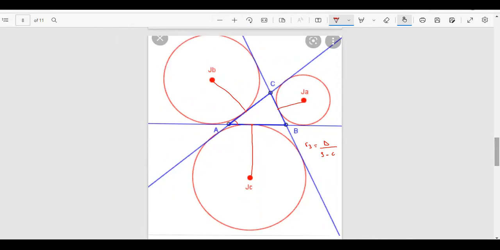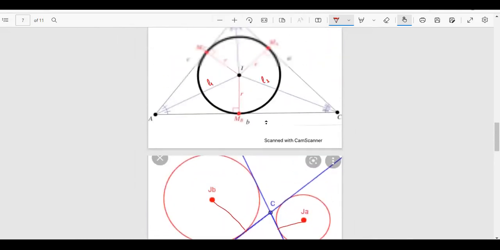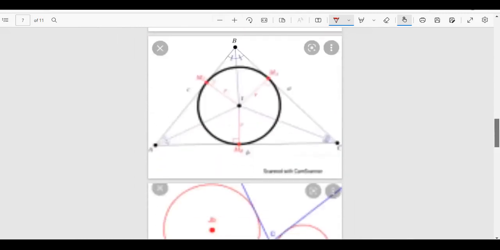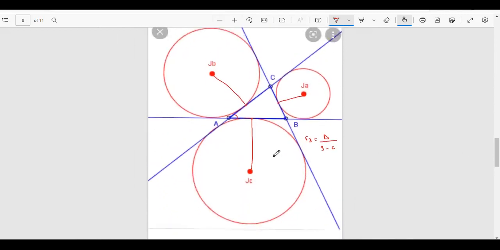Okay, let's say you have been asked to find this R3. How do we do it? You need to see which side exactly of the triangle is touching your circle.